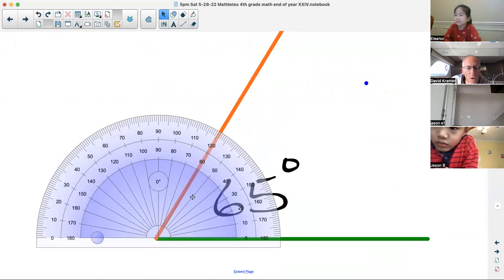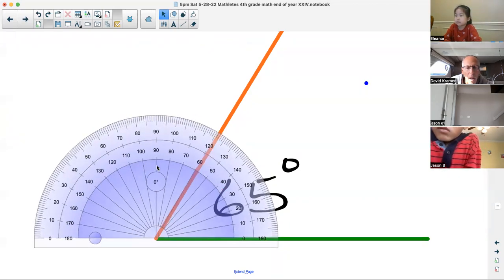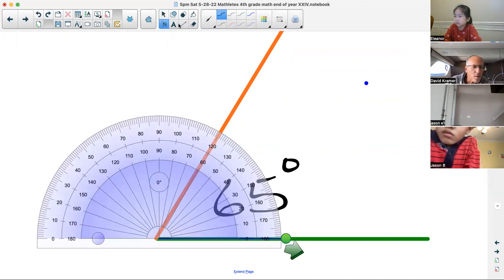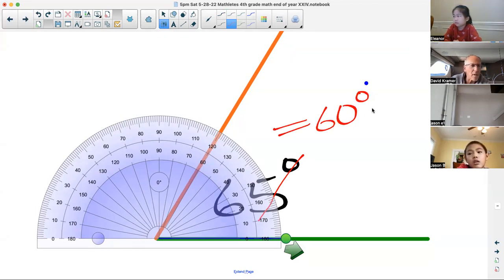Now, look at the angle measurement now, and tell me what you see. How big do you think that angle really is? Go ahead, Jason B. 60-degree. I know. So Mr. Kramer ended up drawing a 60-degree angle. So it was not 65, but it was much closer to 60 degrees.